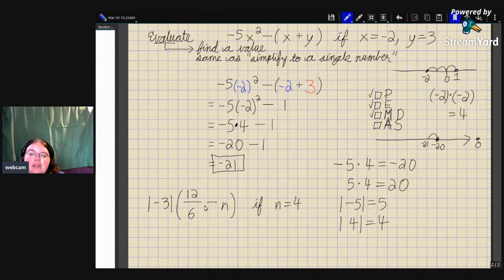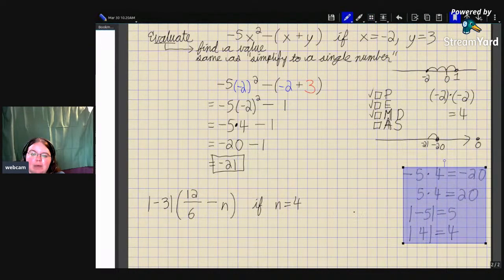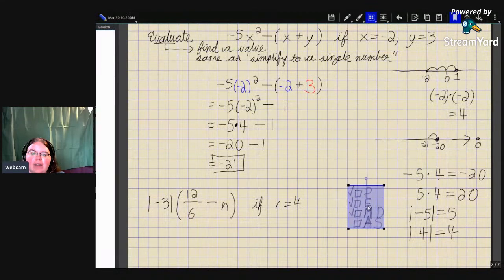Okay, so it doesn't give us in the problem statement what we're supposed to do, but if we're given an expression and then a value of the variable, there's a pretty good chance that we're meant to evaluate that. So I'm going to scoot this aside so it's not taking up space I might want to use for a side calculation. And then I'm going to bring along my checklist. Oh, I see that last time I forgot to check off the last step.